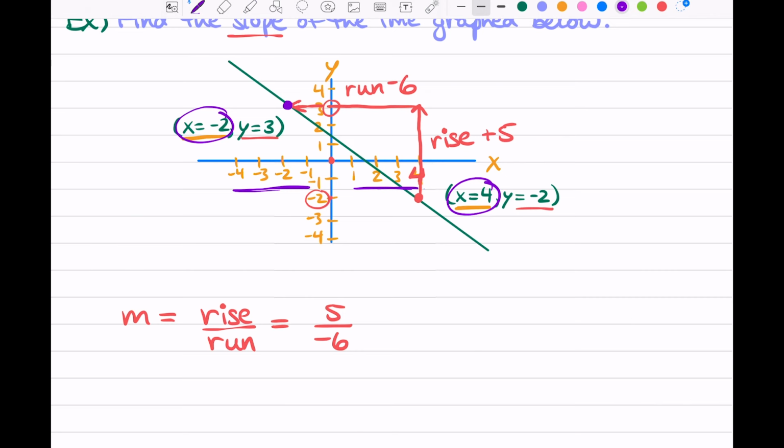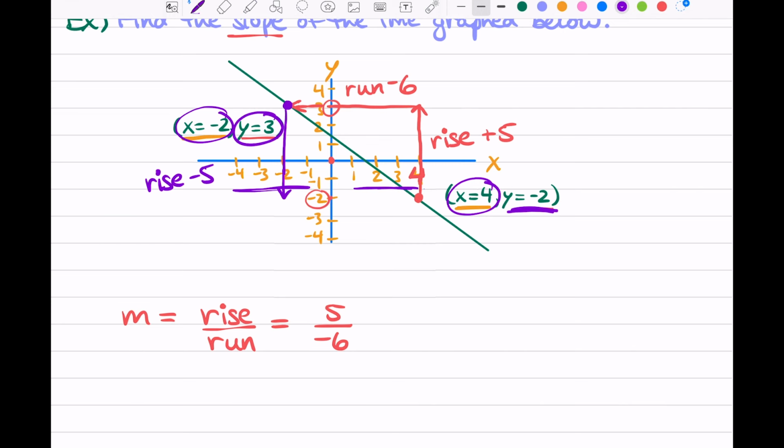Well, that means we would go down to -2. And what's that -2? That is this right here. We started at y equals 3, that's where this top dot is, and then we go down to y equals -2. And so what happened there? We rise 5 units. We went from y equals 3 down to y equals -2. However, again, we went from a positive y to a negative, so we say we rise -5.